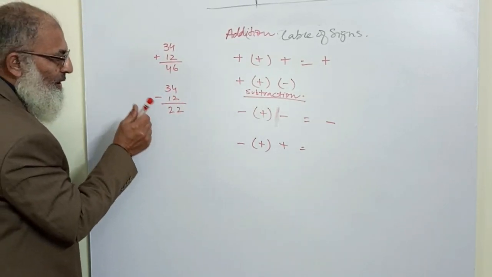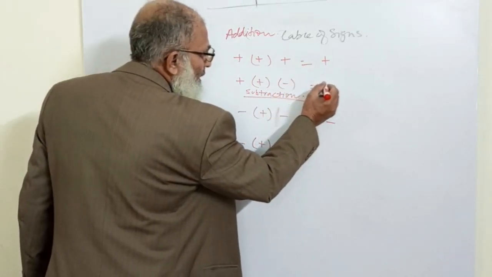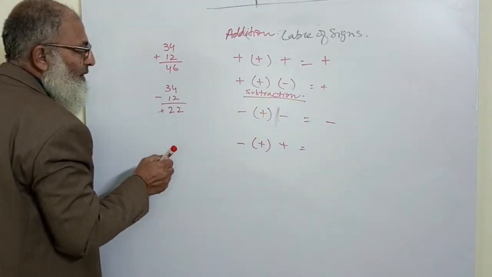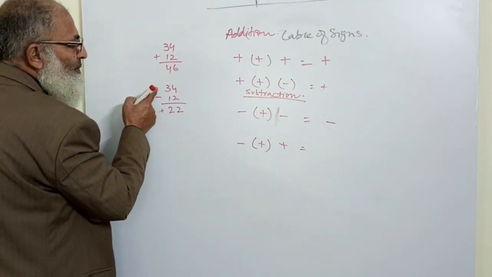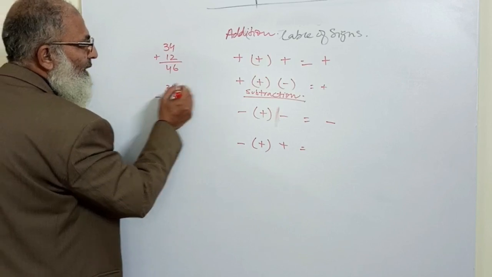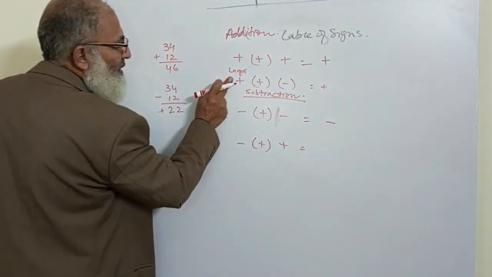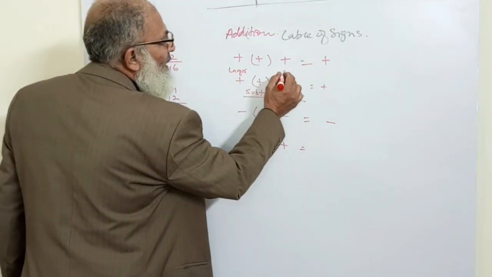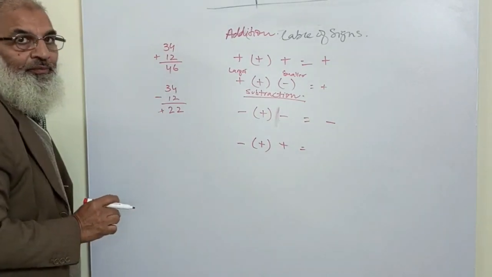And you see the answer is positive again, because the larger number is positive. When the larger number is positive and the smaller number is negative, the answer is positive.